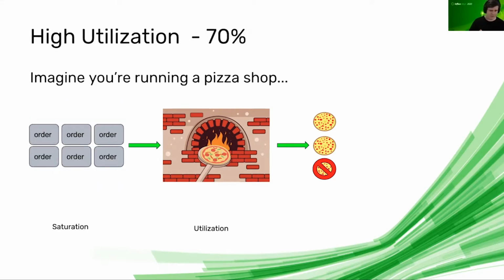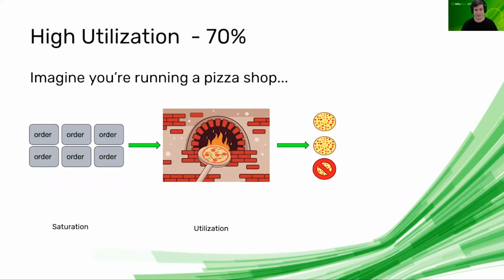So another place of high utilization that you want to be conscious of is about the 70% limit. That's usually about where you want to run for maximum efficiency. The reason for that is that beyond 70% utilization, you start to see exponential effects in your saturation.